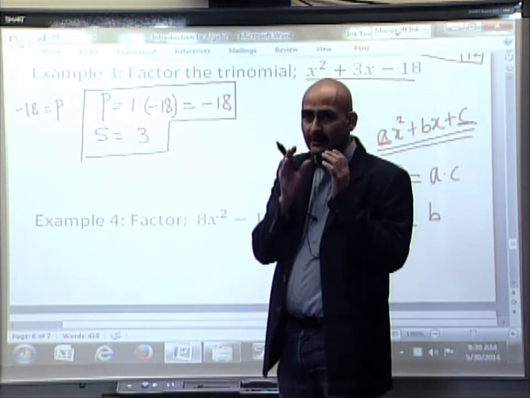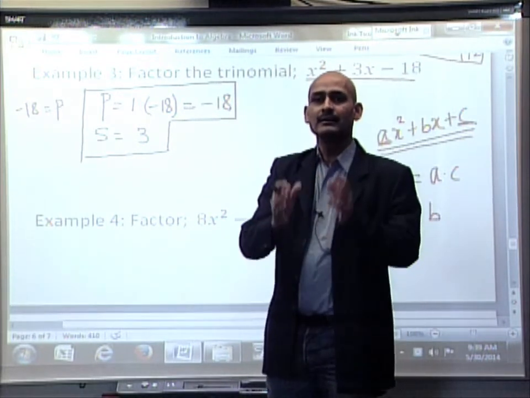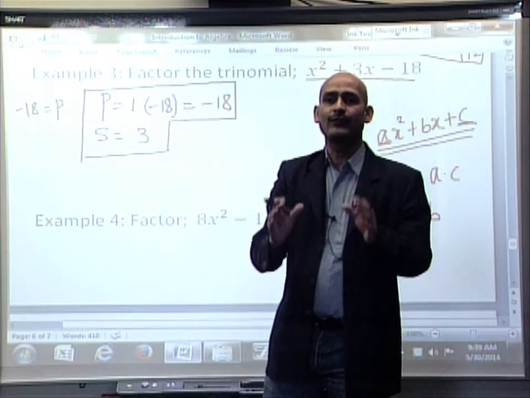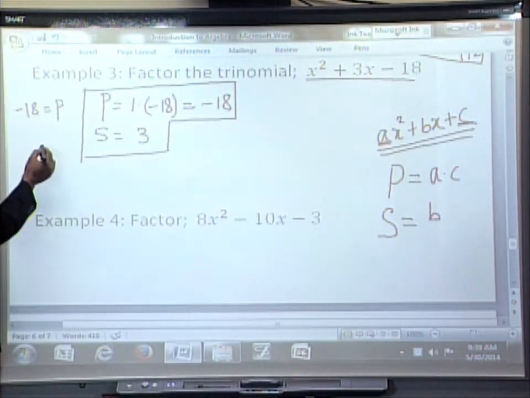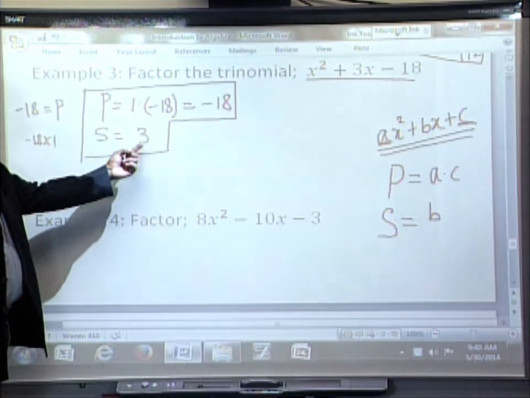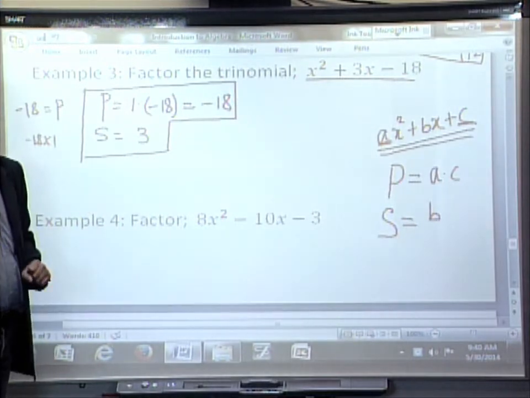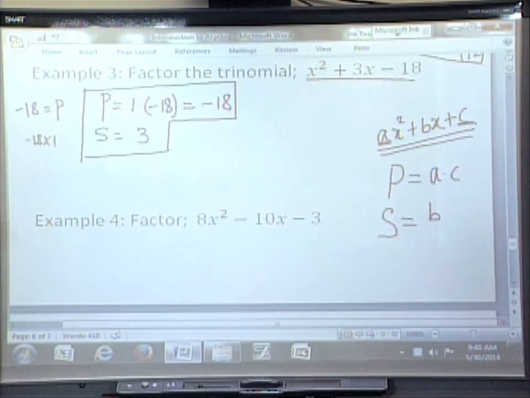Well, one way to factor negative 18 is to write it as negative 18 times 1. However, if I add negative 18 and 1, I get negative 17. I am not interested in negative 17 because my sum should be 3. So negative 18 and 1 does not work.